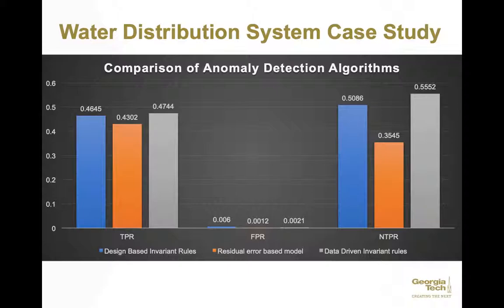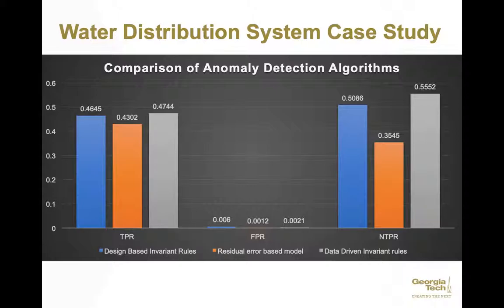Here they compared two new anomaly detection algorithms with two baseline models: the design-based invariant rules and the residual error-based model. The design-based invariant rules were created by the system engineers at the water distribution testbed, and the engineers came up with 22 invariant rules.